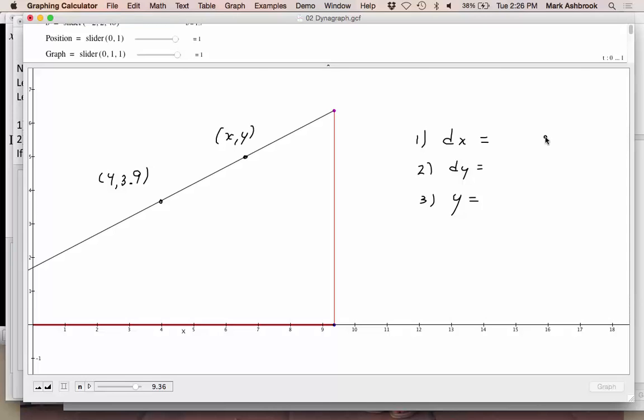X minus 4. Final value of x minus initial value of x. No different, except that now x can be anything. X could be any x value, but this preserves dx. X minus 4, final value. What's dy? 1/2 of dx. 1/2 dx, which is? Write that out.